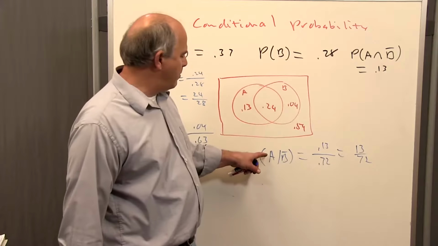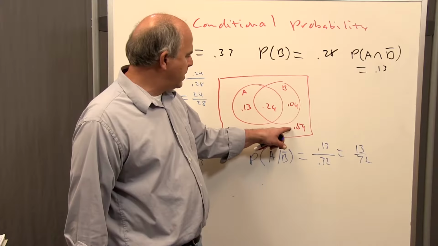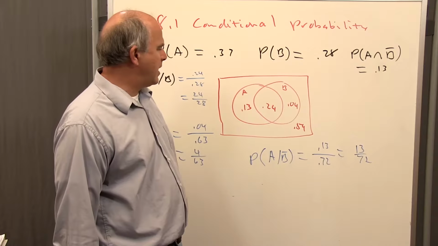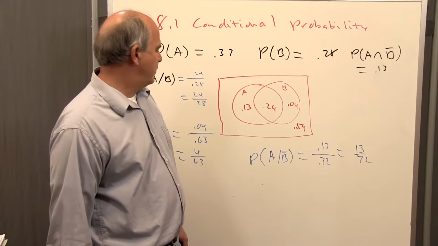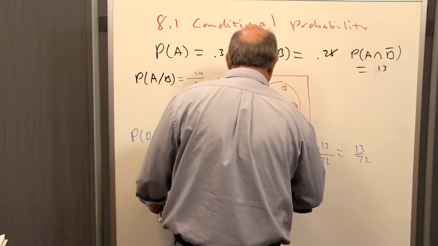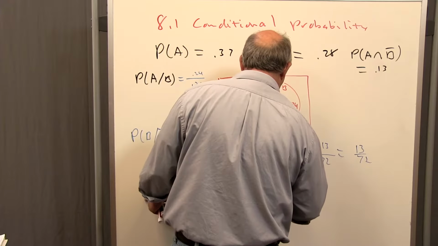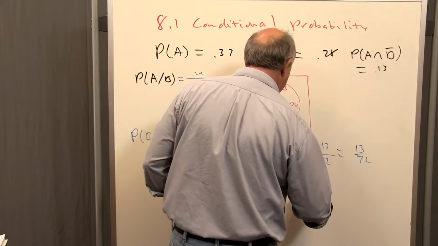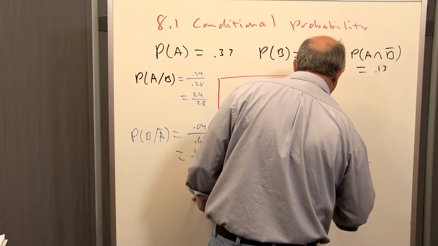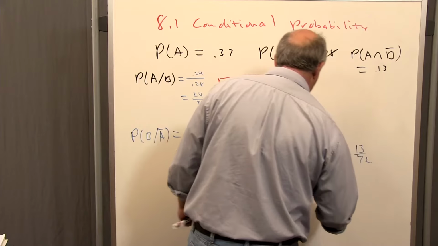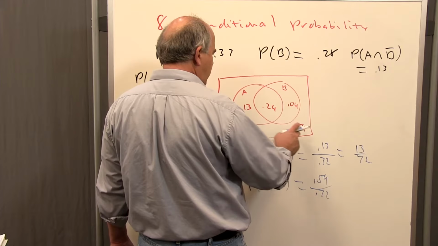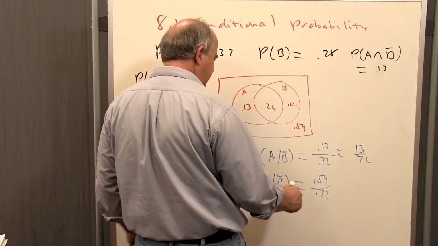If I said A bar given B bar, we'd be looking at 59 over 72 because we'd be looking at the one that's not in A either. Yeah, which is for the heck of it, we'll write that down. Probability of A bar given B bar is 0.59 over 0.72 because these are the B bars, and of those B bars, which ones are not in A, that's these.